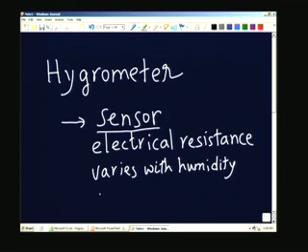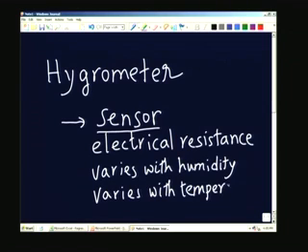Unfortunately, it also varies with temperature. That is, if it were a function only of humidity, I would not have any problem, but it also varies with temperature.